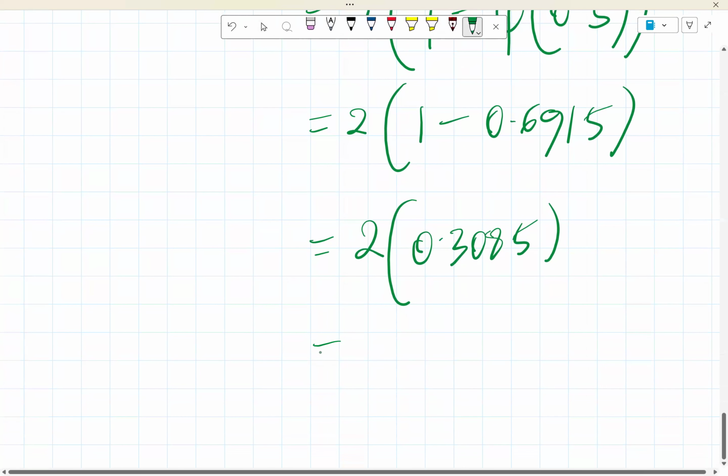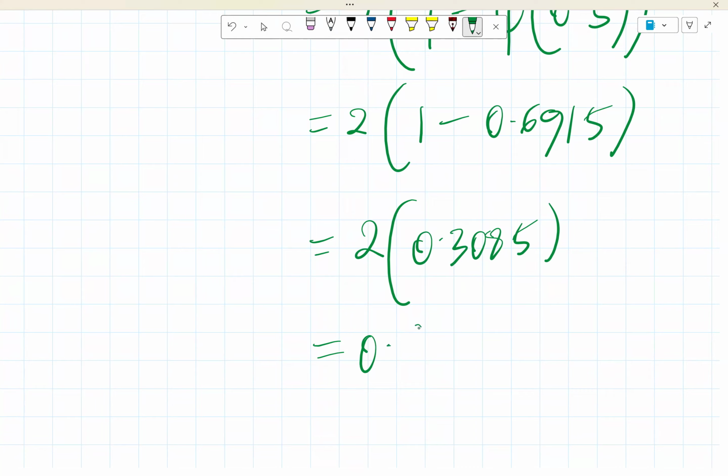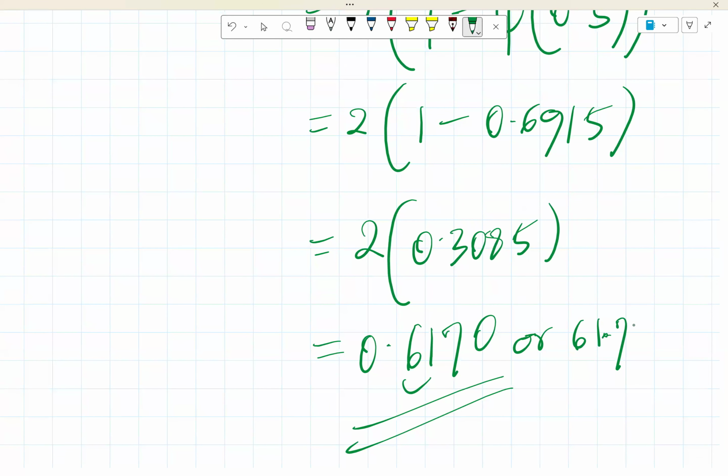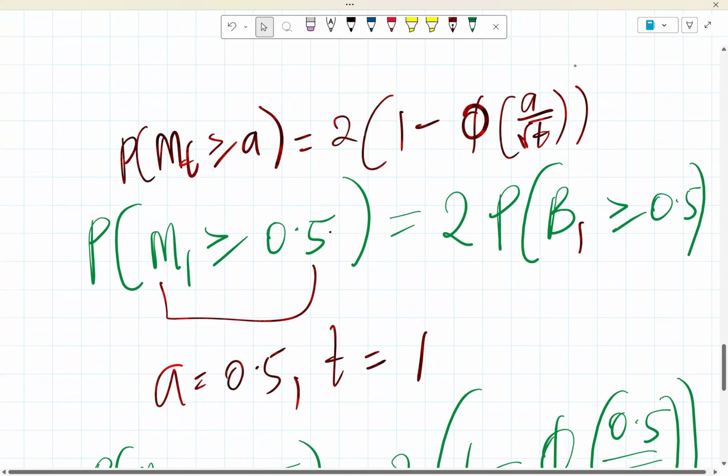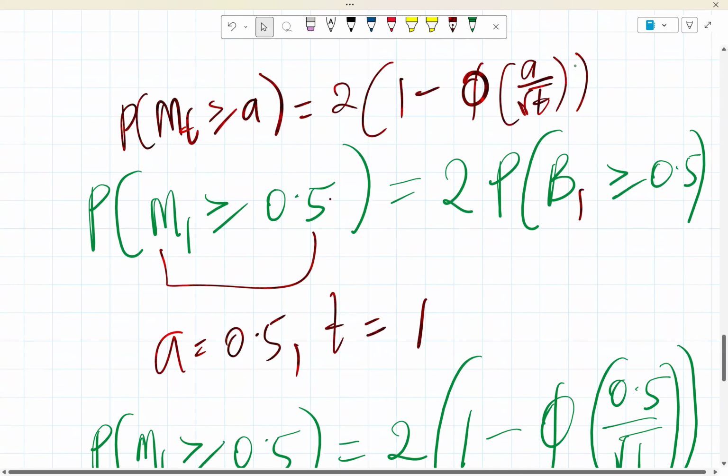So now 2 times 0.3085 is 0.6170. So the probability is going to be 61.7%. That's the probability that M1 will be greater than or equal to 0.5.